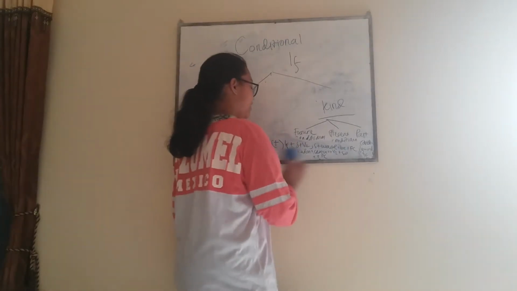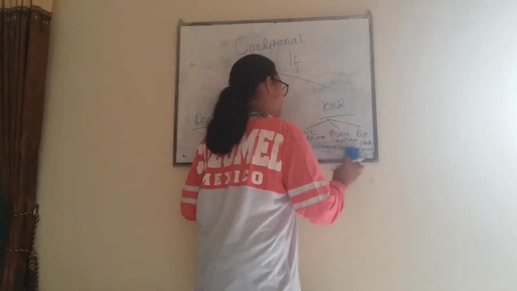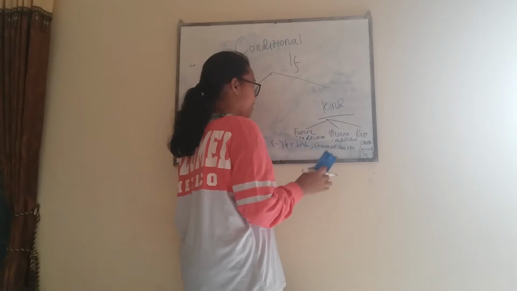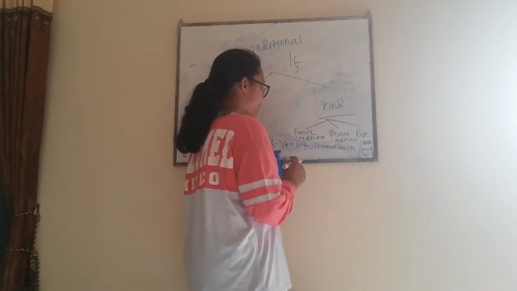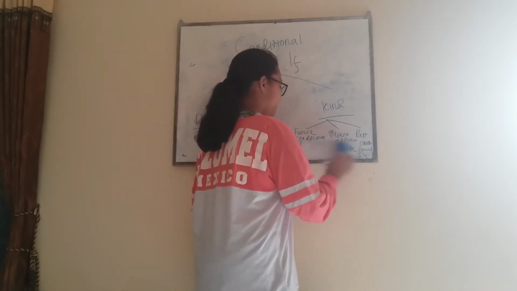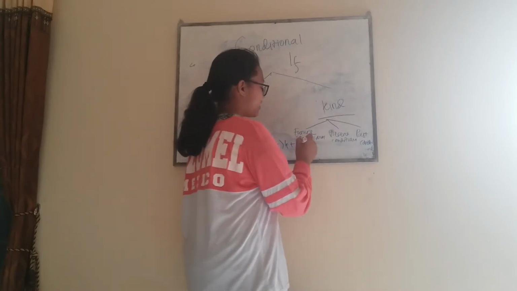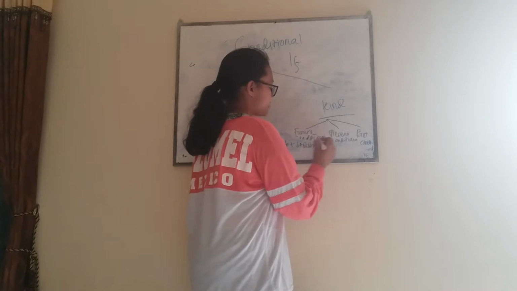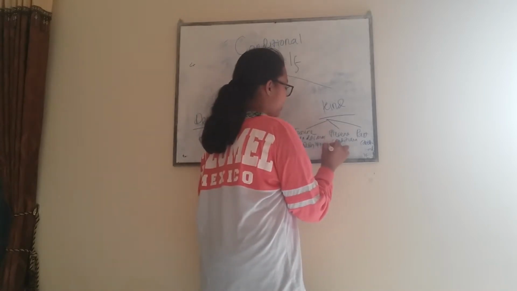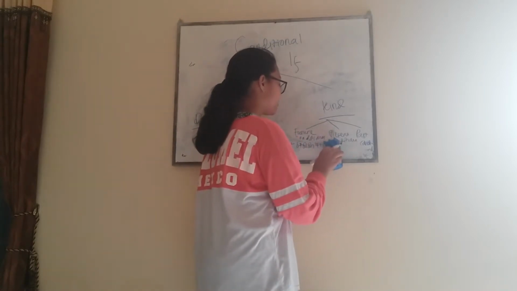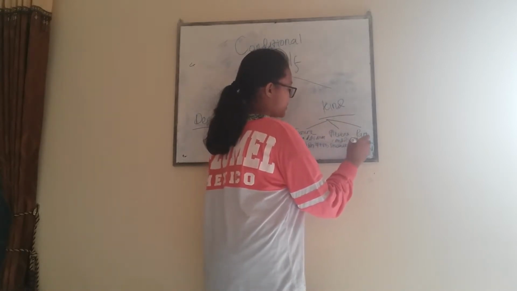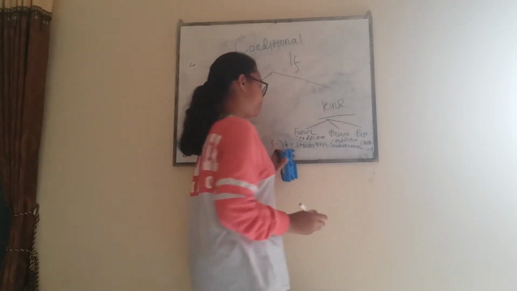And the pattern in negative is if plus subject plus didn't plus verb 1, comma, subject plus would not plus be plus predicate complement.